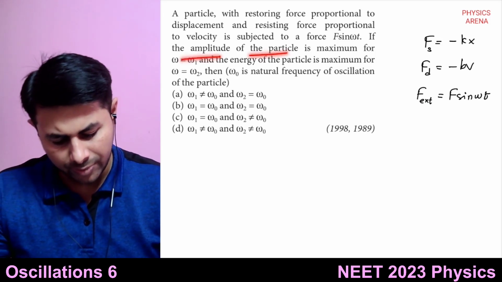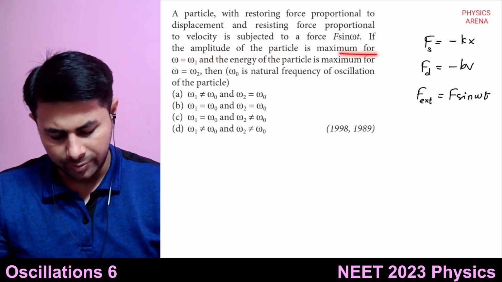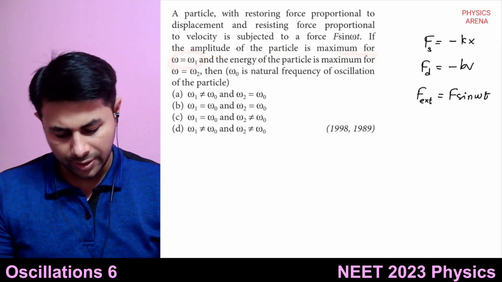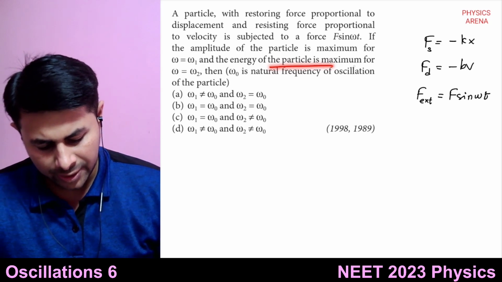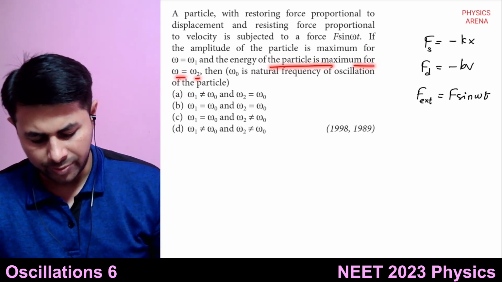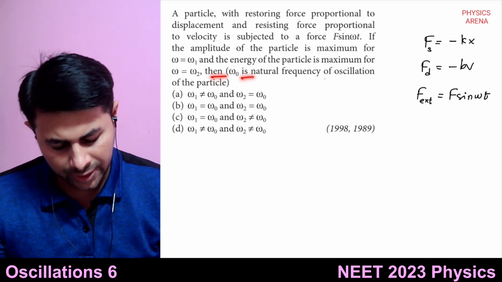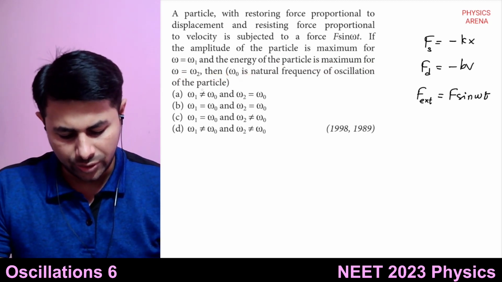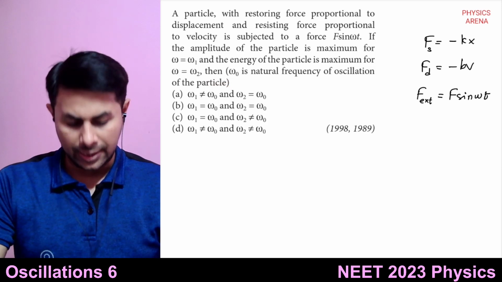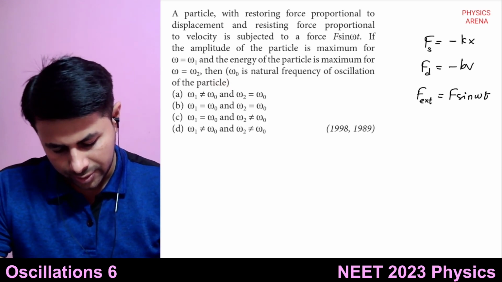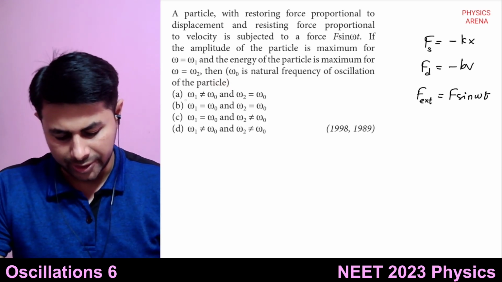If the amplitude of particle is maximum for omega equals omega 1, and energy of particle is maximum for omega equals omega 2, then omega naught is the natural frequency of oscillation of particle, right?